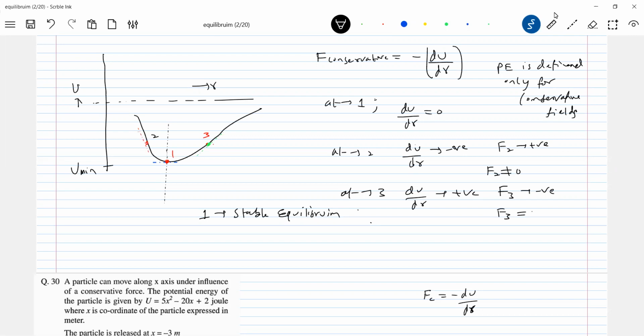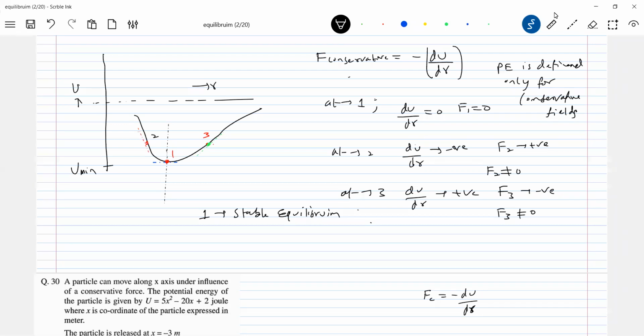Force at 3 is non-zero. Force at 1 is 0. So the condition for equilibrium is that net force should be 0. How to check whether it is stable or unstable? I am taking help of the force. How the slope in the U-x graph or U-r graph gives force is given by this basic equation relating conservative force and potential.